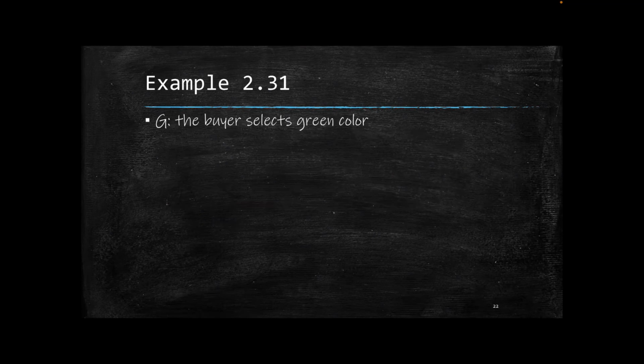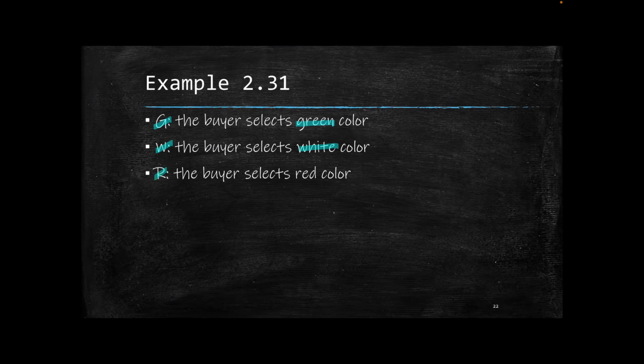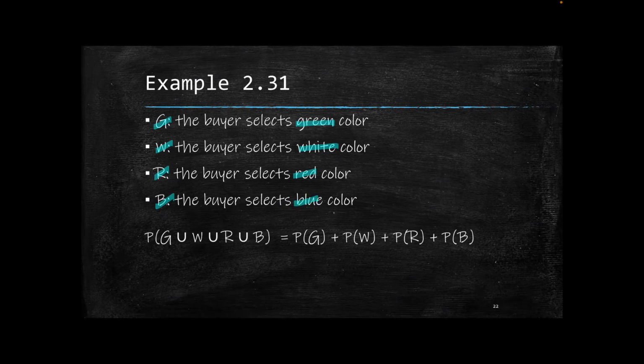So, let event G be green, W white, R red, and B blue. Then, the union of all events equals the sum of the events.